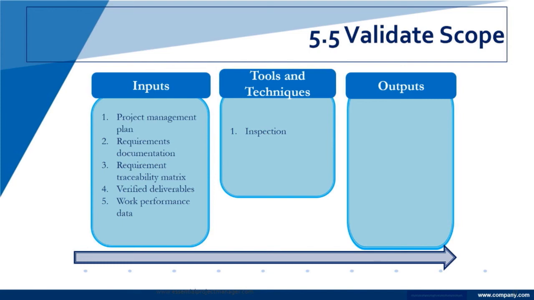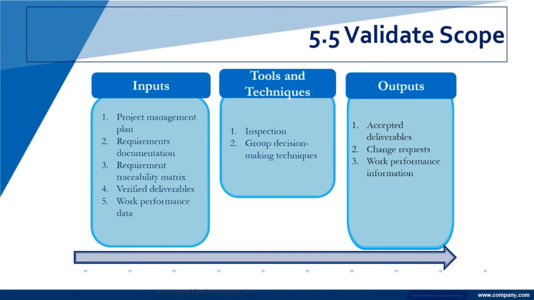That's one way of validating, did we get everything that we said we were supposed to. There are group decision-making techniques that may be used in this process as well to validate the scope. And once it's validated, it's accepted. We've verified the deliverables, but we haven't accepted them until we validate. So that's the difference here.